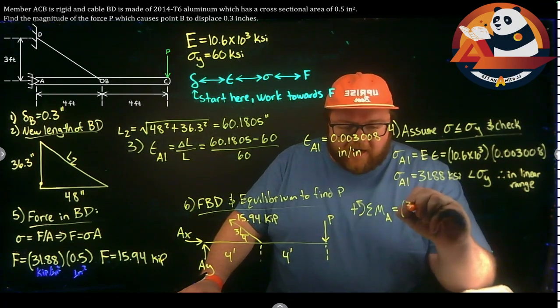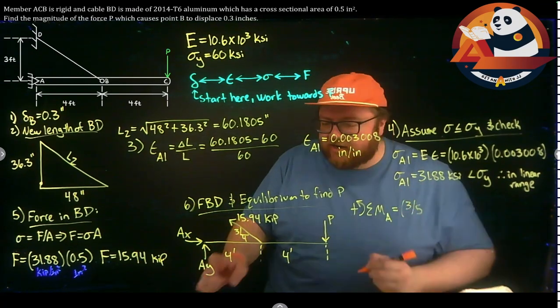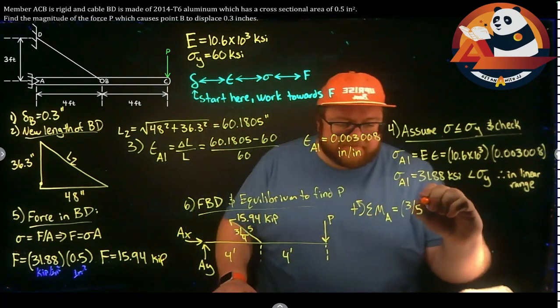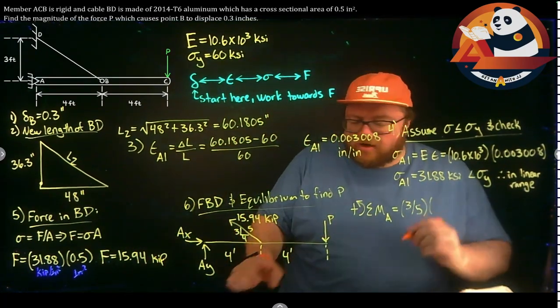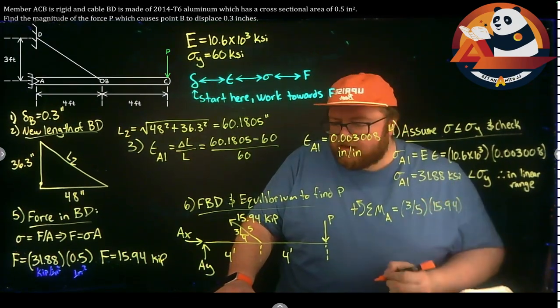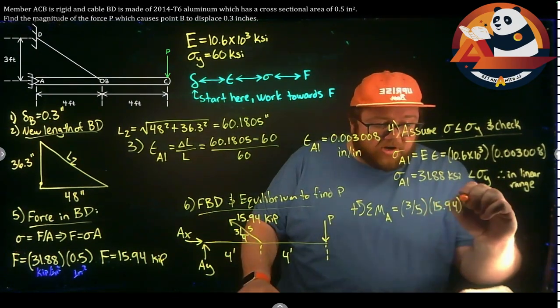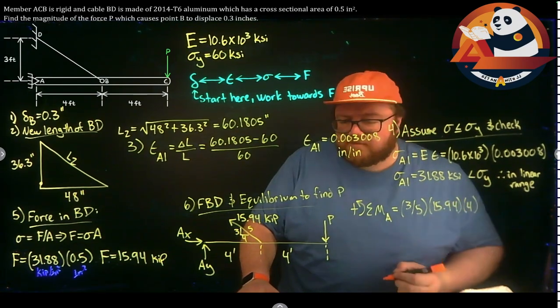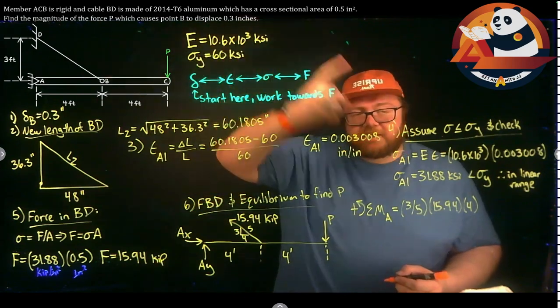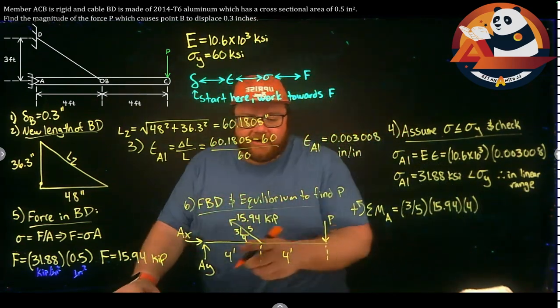I want the Y component, so the Y leg of that triangle, 3 divided by the hypotenuse, 5, times my force, 15.94. Force times distance gets us a moment, so times 4. P will cause a clockwise rotation, so I'm going to subtract that one out, and it's 8 feet away.